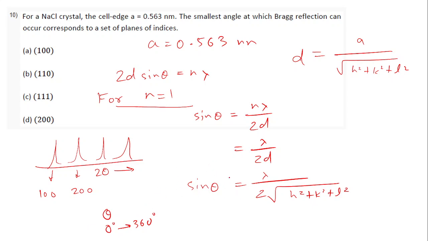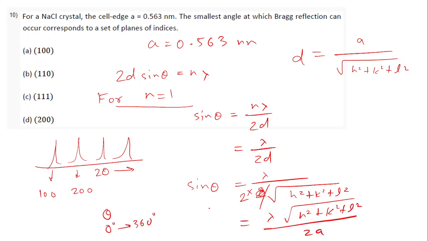That means if I want the minimum value of theta, I need the minimum value of sine theta, that means the minimum value on the right hand side. Okay, I made a mistake here. This d is 2 multiplied by a upon this, so this will be lambda multiplied by root of h square plus k square plus l square, divided by 2a.